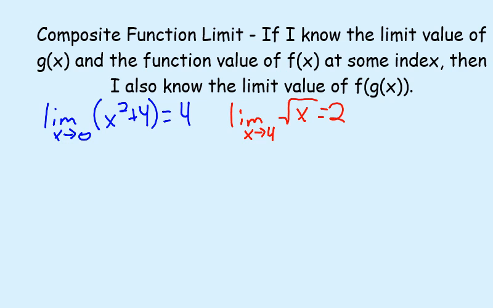Notice that I am not using the same index here. I'm using two different indices. So the limit as x goes to 0 of the square root of x squared plus 4 is going to be equal to 2.